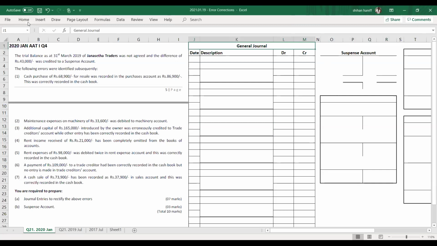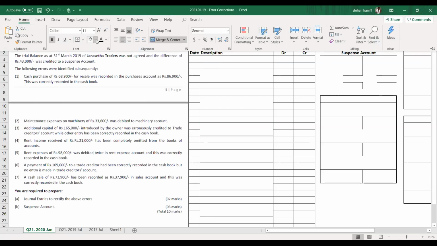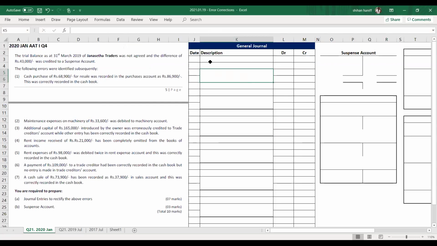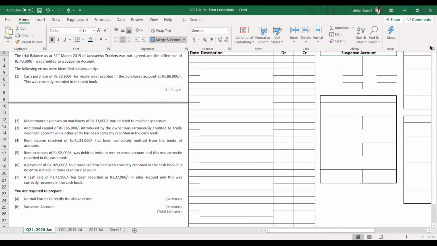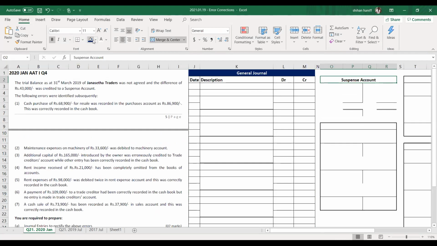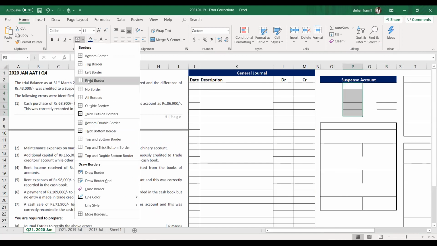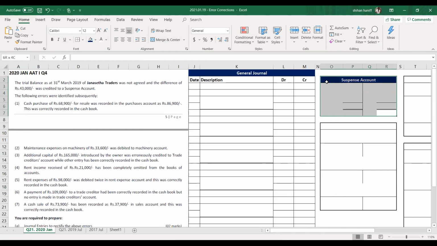Draw a general journal: date, description, debit and credit. And also draw a suspense account.